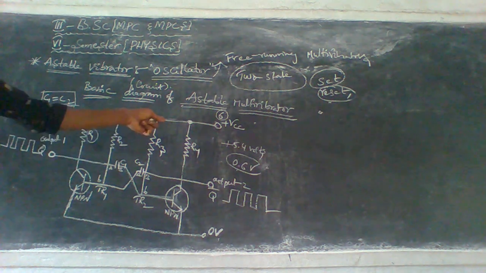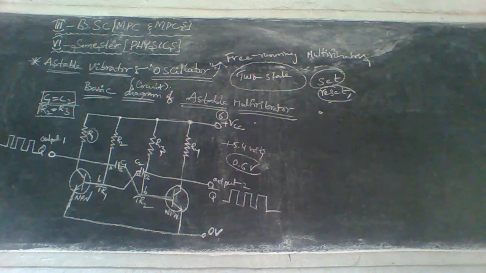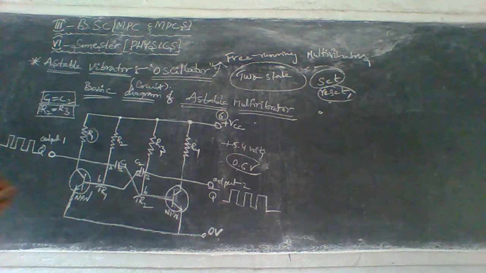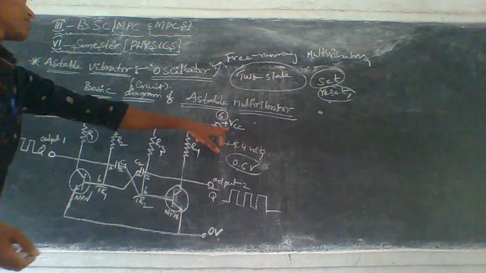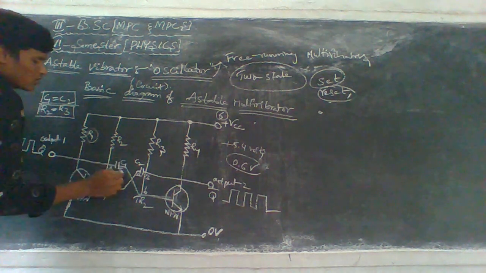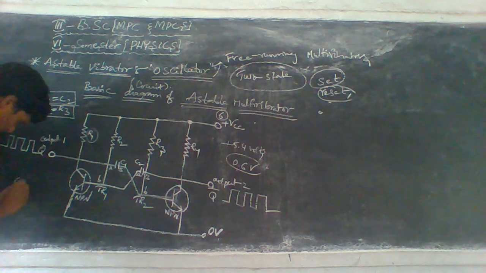So the base of transistor TR2 is now moving upwards in a positive direction towards power supply VCC, with a time constant equal to capacitor C1 into resistor R3.